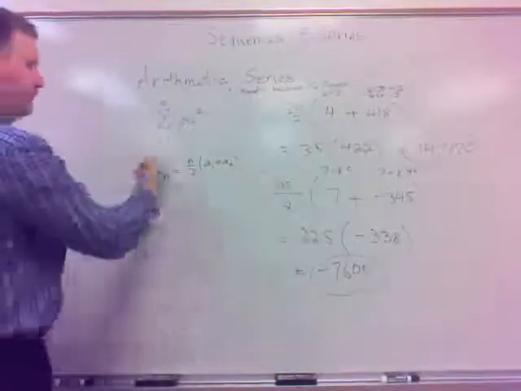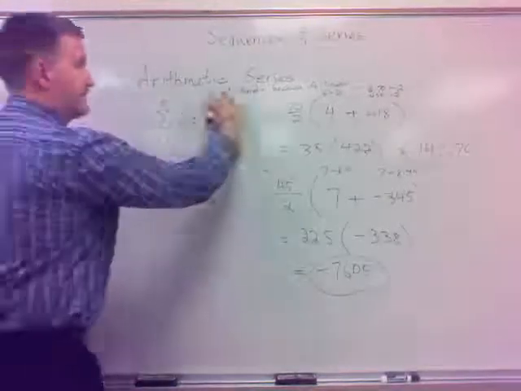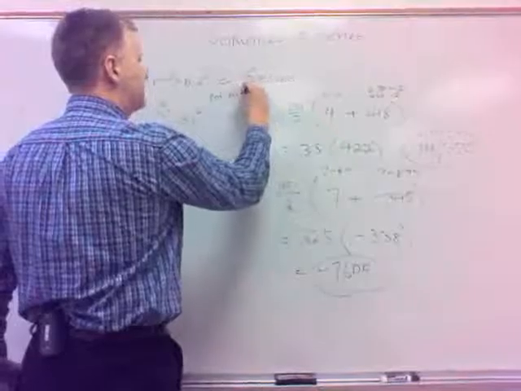Nope. I can't use that formula. There's another formula that we'll use, but it's not going to be any good on that one either. But no, I can't use that formula because of the squared, right? This one's not arithmetic, so I can't use the formula.